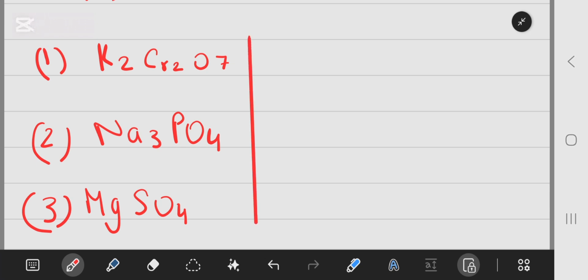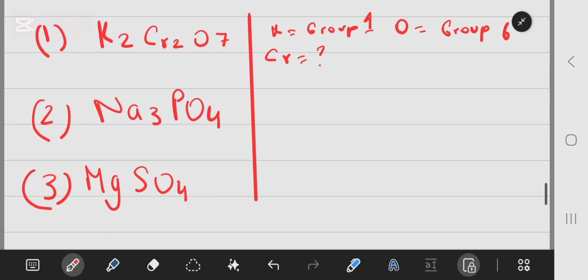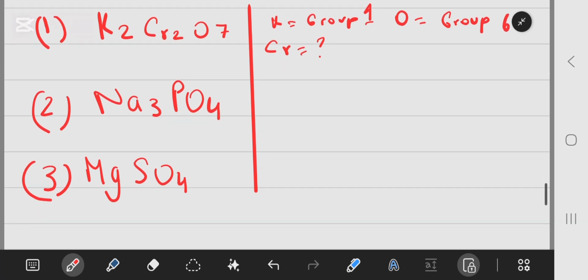So potassium belongs to group number 1. We need to find chromium, so it's a question mark, and oxygen belongs to group number 6. Okay, so for sodium, Na belongs to group number 1.